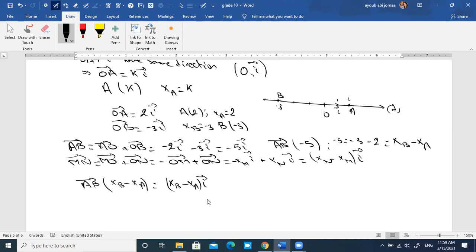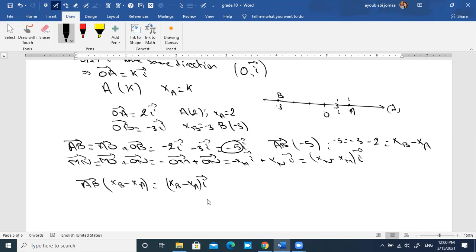As you can see here on the graph, AB is negative 5I. Here we have vector AB, from A to B, and vector I. As you can see, they have opposite sense, so one of them is the negative of the other. If you measure AB, 1, 2, 3, 4, 5, it is 5 times I in magnitude.